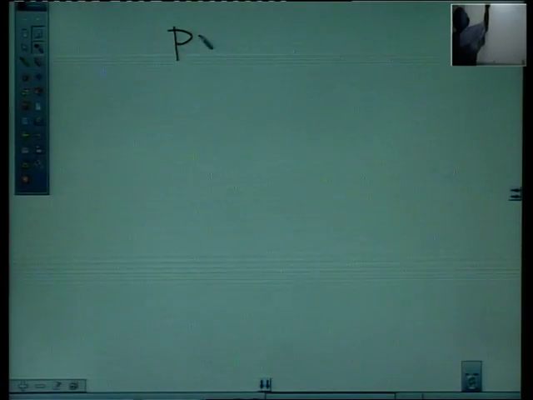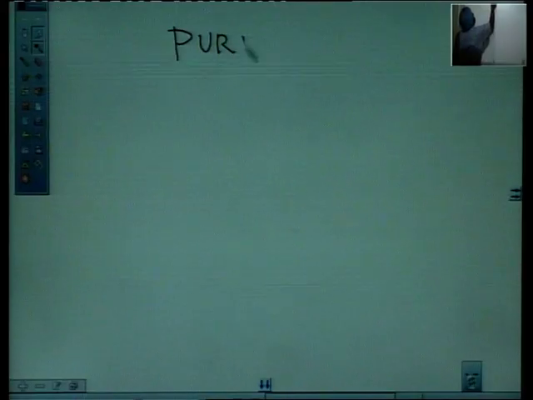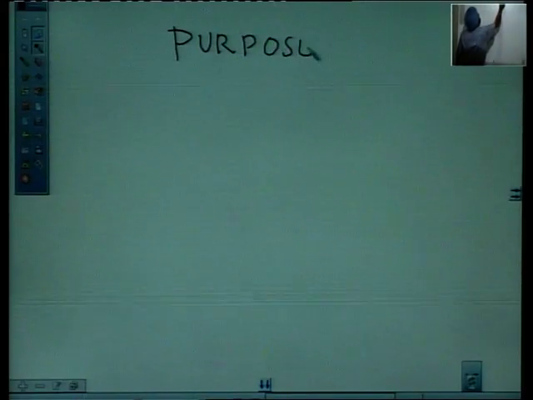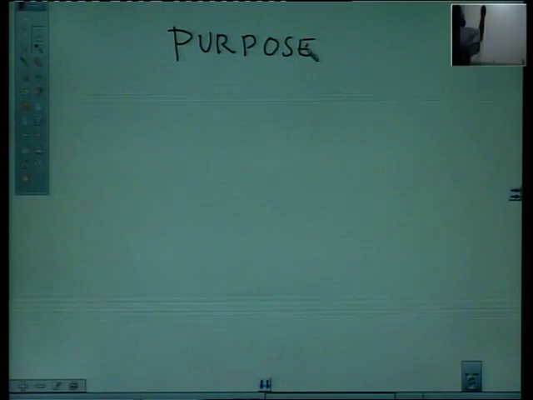Then, purpose of foundation. What is the purpose? Number 1, distribute load.